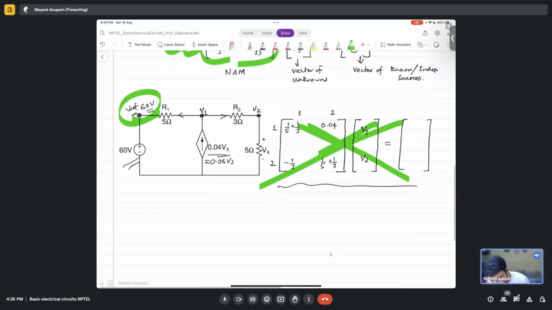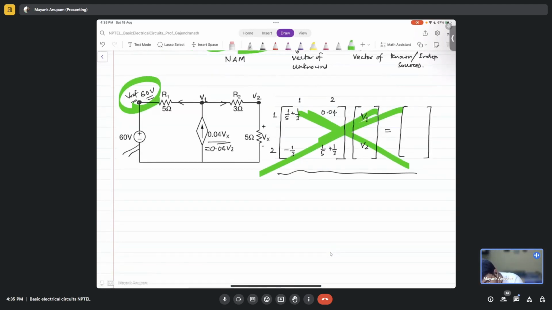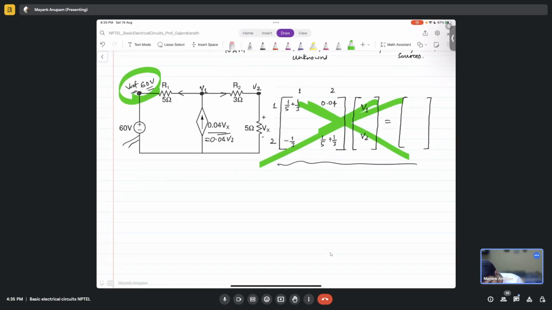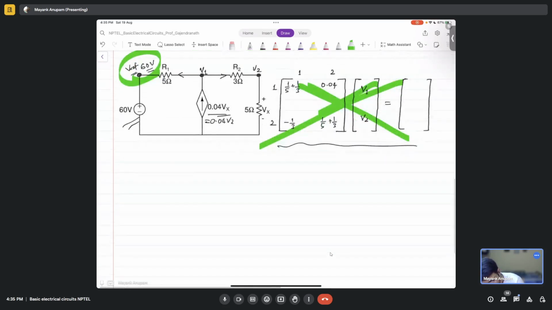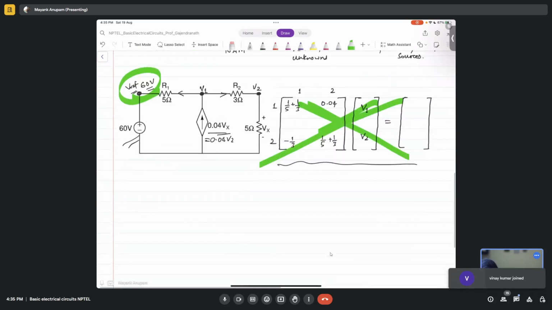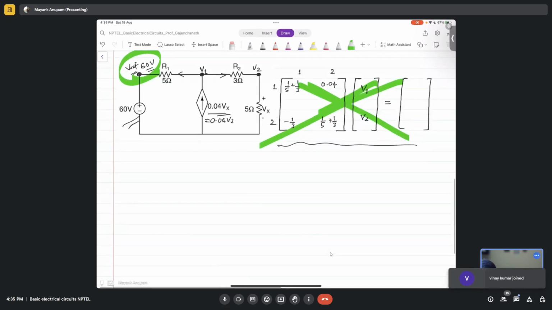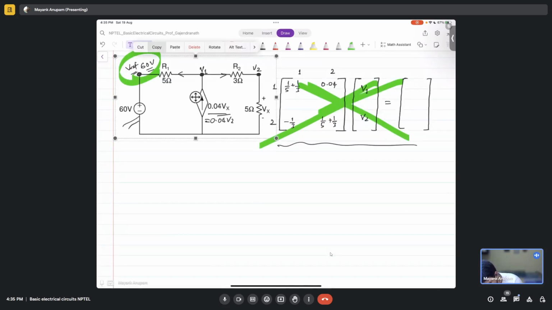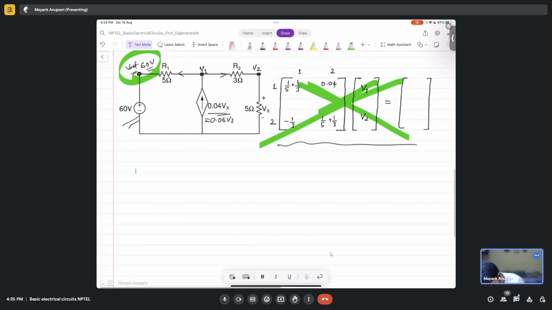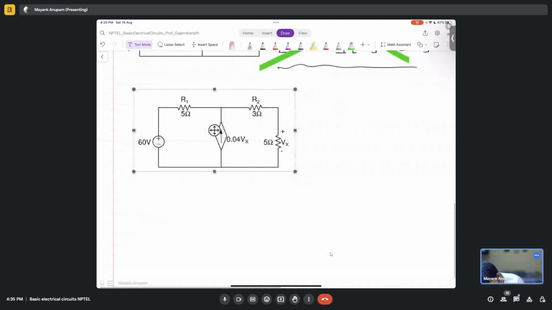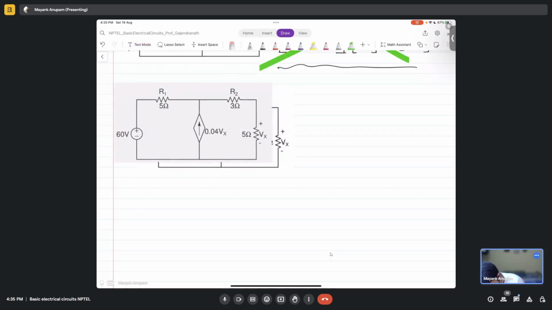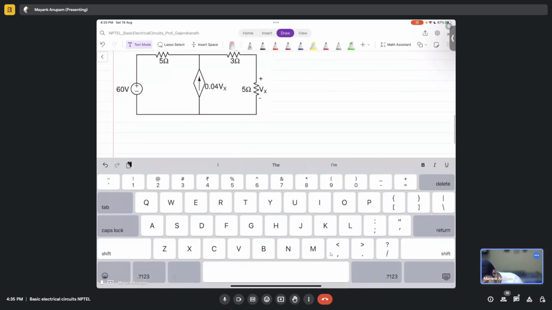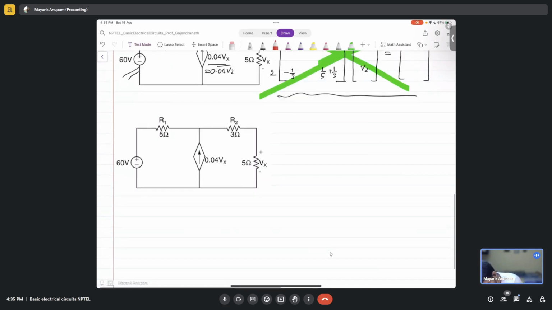So if you want to do it, nevertheless, by looking at it simply, what will you do? Okay, so let's do this again. Same thing, copy and paste it. Now let's call this node v1, this is v2, this is v3, and let's call it reference 0.